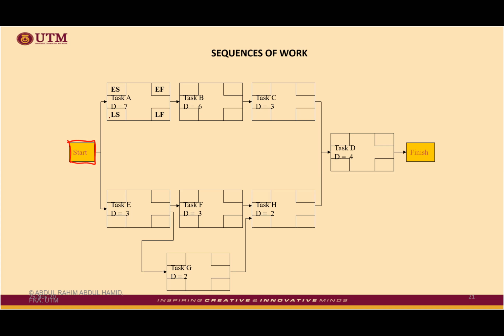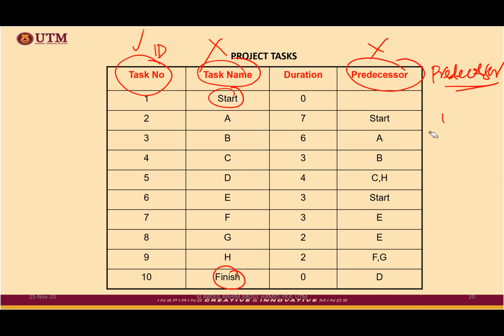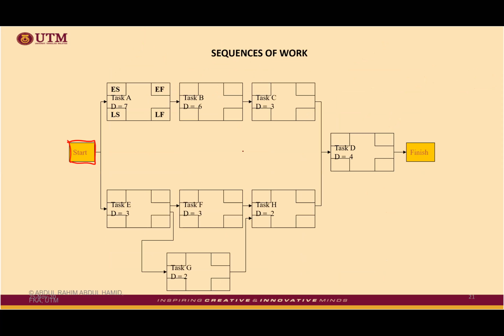Then it is wrong. So, start, activity, milestone. Then you go to the list. You notice start activity. Start is here. There are two activities, A and E, whose predecessor is start. So the connection is from the start.